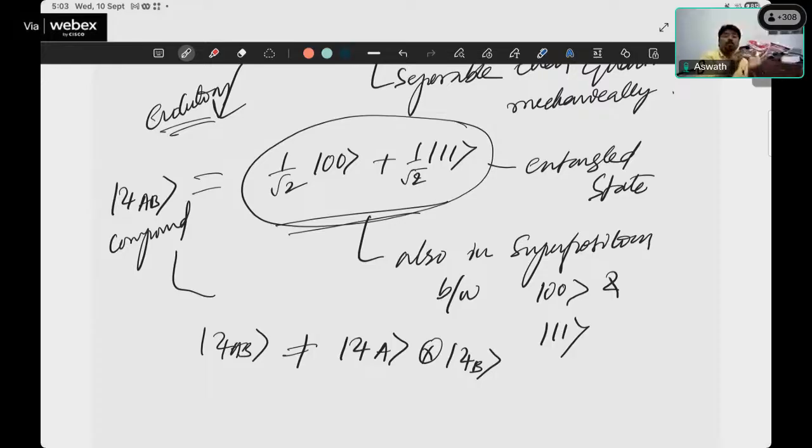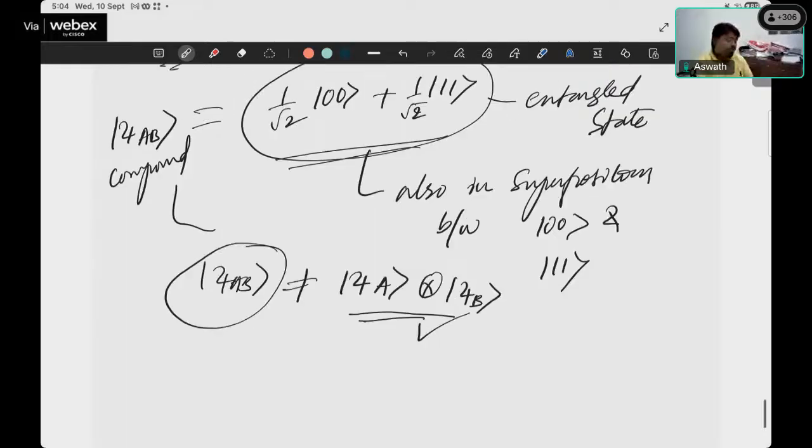Quantum mechanically separable and physically separable are not the same. It's like once somebody got married, they become one entity, they share ideas, they know each other. Even when the husband is working somewhere, we still say husband and wife, they are one entity. Physical separation doesn't mean they are quantum mechanically separable.